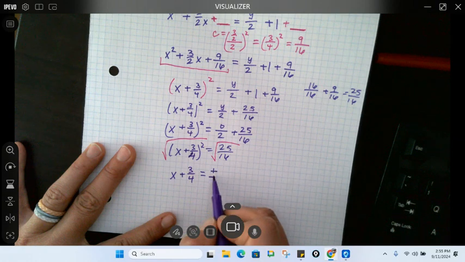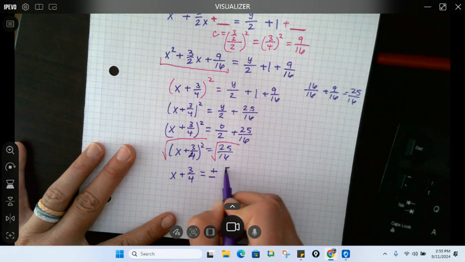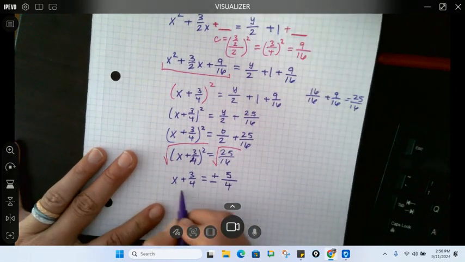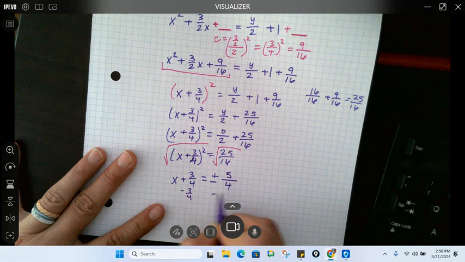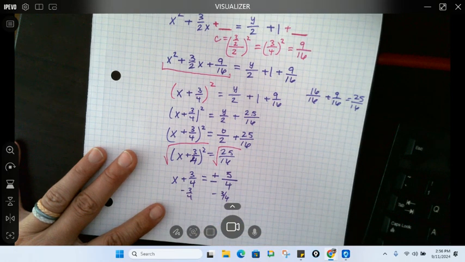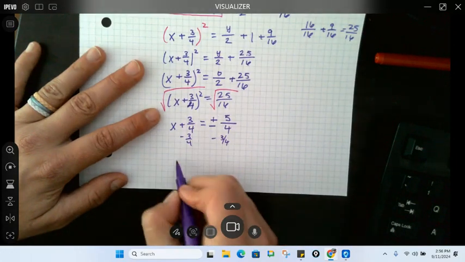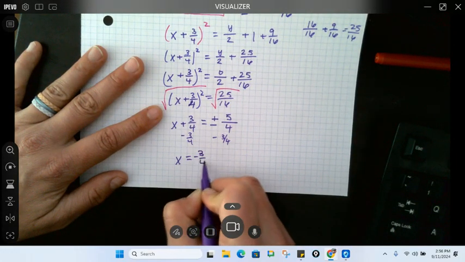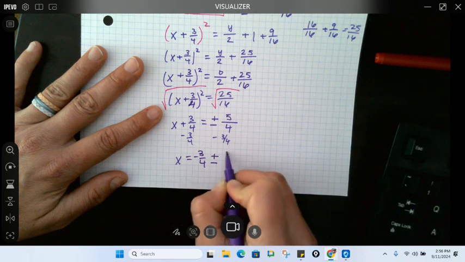The square root of 25 is 5, and the square root of 16 is 4. So now I'm going to subtract my 3/4. And I would have negative 3/4 plus and minus 5/4.